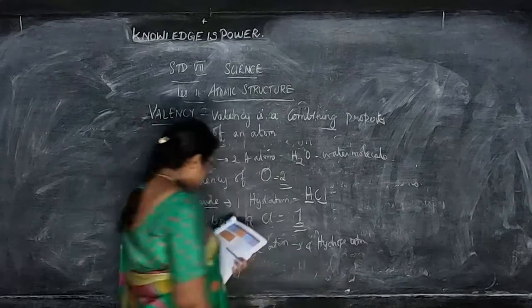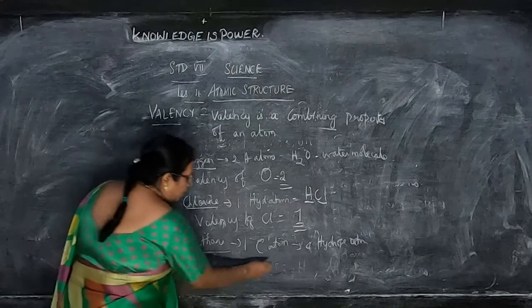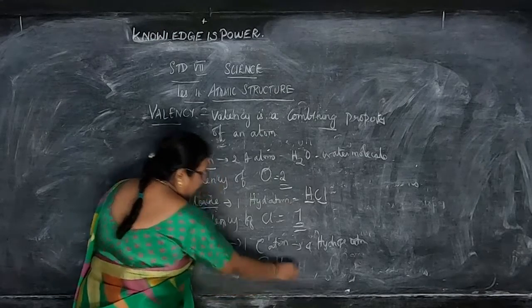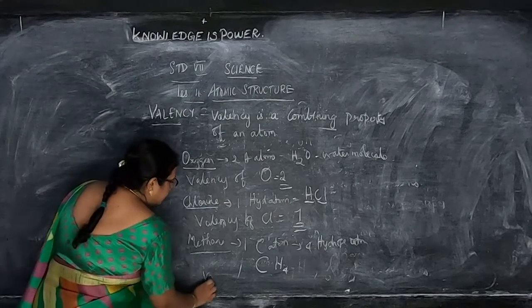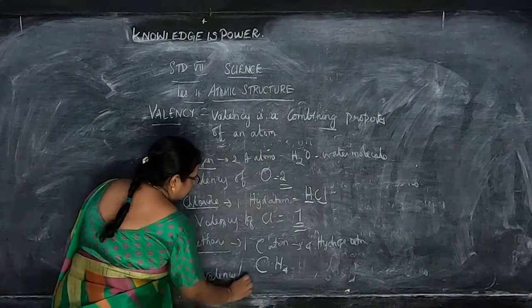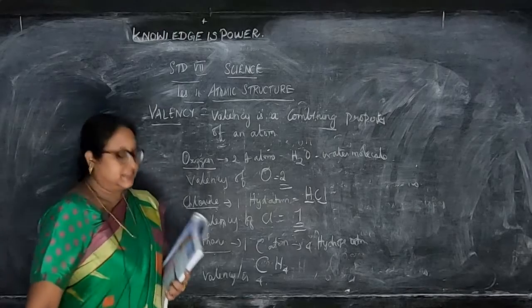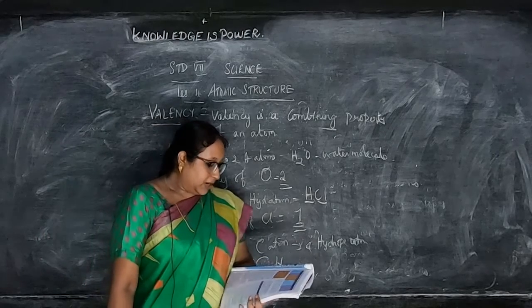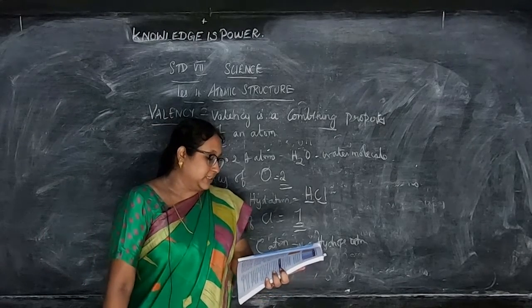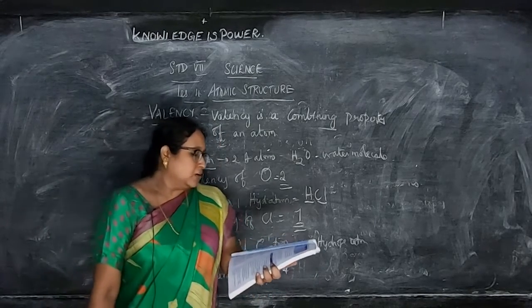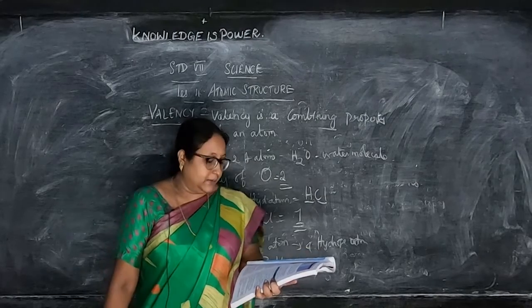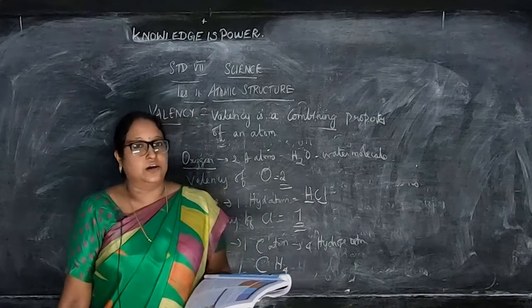Okay children, that is for methane, that is 1 carbon atom and 4 hydrogen atoms, that is CH4. So what will be the valency here? So valency is 4. Now in ammonia, nitrogen combines with 3 hydrogen. So what will be the valency? 3, right?